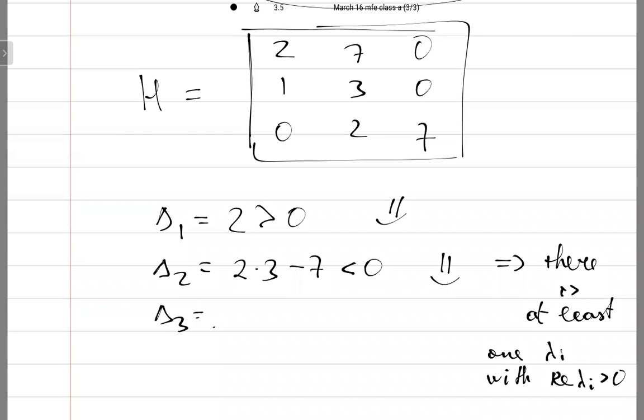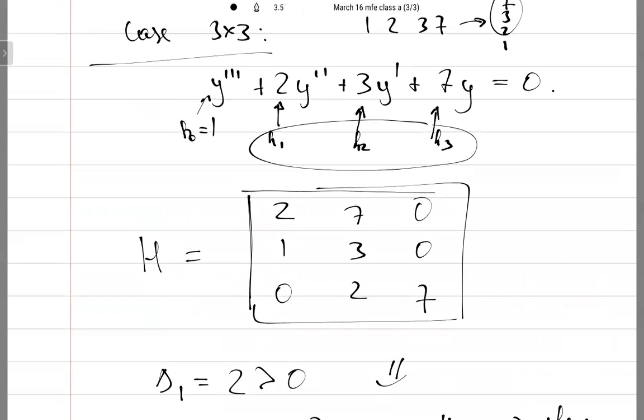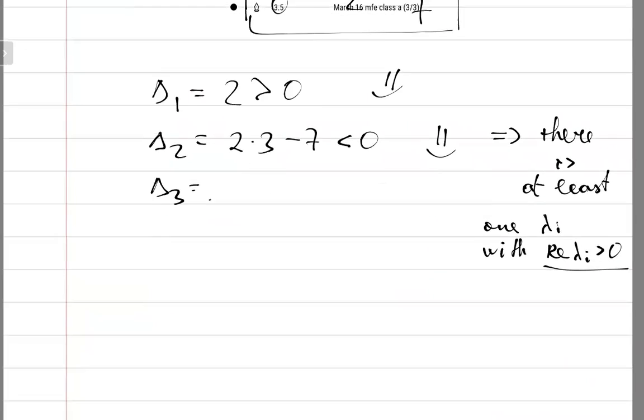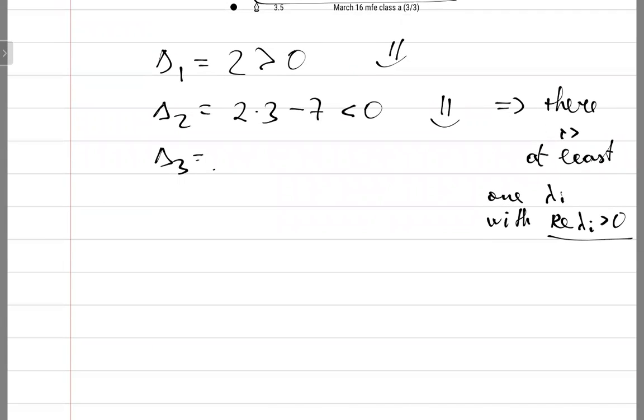For this equation we have 3 lambdas, 3 solutions of the characteristic equation. If at least one is positive, then we can be sure that there is a solution with divergent time path.